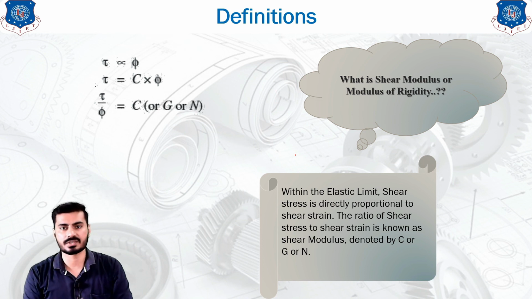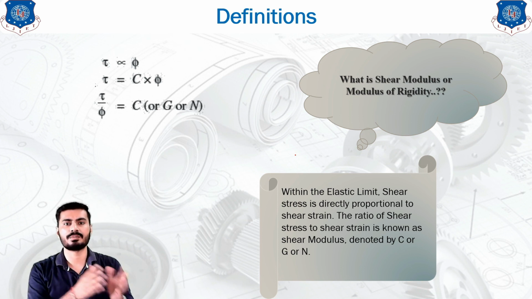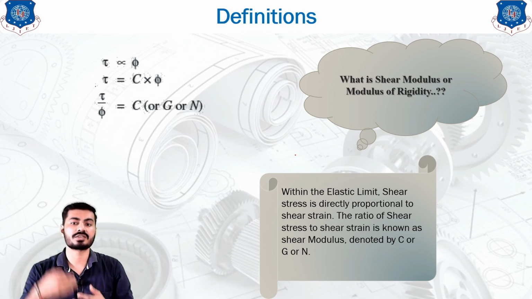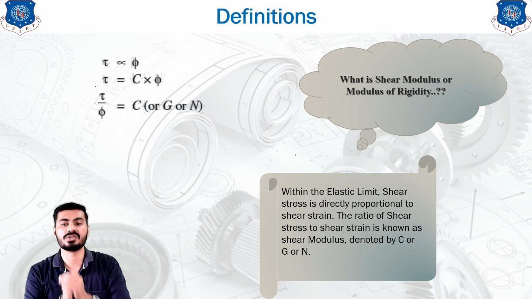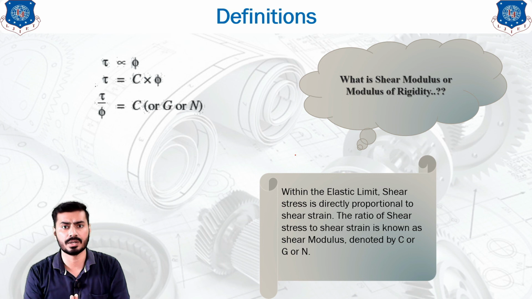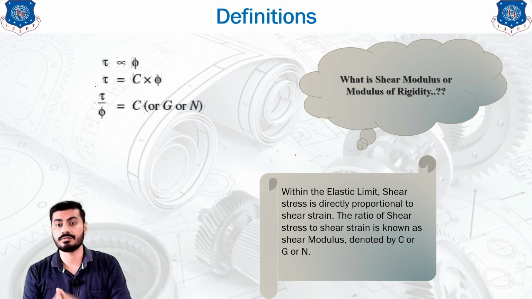The rest of the definition is similar to the elastic modulus or Young's modulus. So if you consider this condition in which within the elastic limit the shear stress is directly proportional to the shear strain, then the ratio of the shear stress to the shear strain is known as the shear modulus, which can be denoted as C or G or N. Those are different notations for the same constant, the shear modulus or modulus of rigidity.